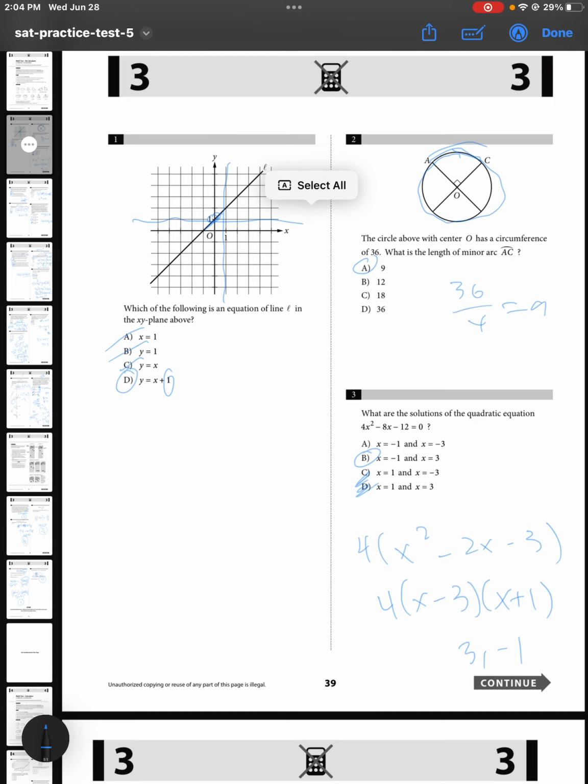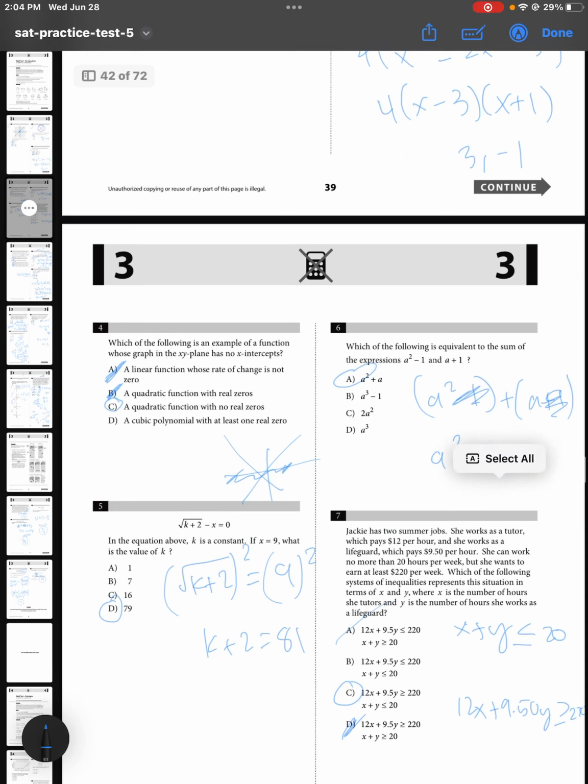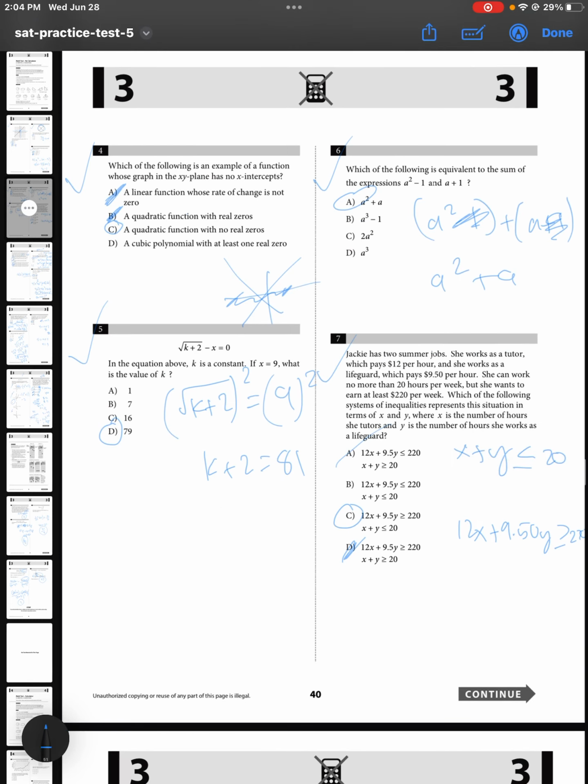Okay, question 1. D is correct. Question 2. A is correct. Question 3. B is correct. Question 4. C is correct. Question 5. D is correct. Question 6. A is correct. Question 7. C is correct.